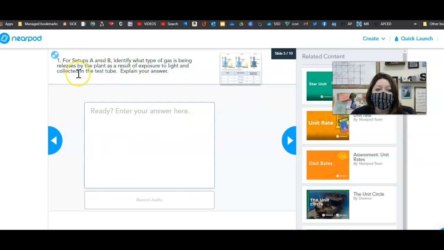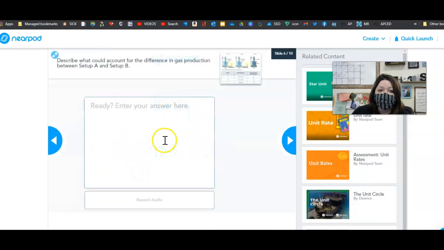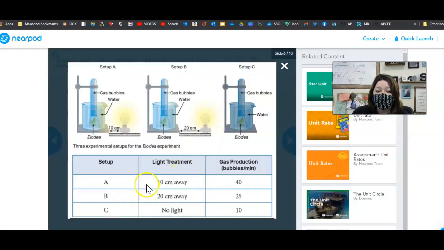Okay, so it's saying identify the gas and then explain your answer. So your answer should include a gas and an explanation. So basically you're saying it's this, and I know this because X, Y, and Z. You're explaining it. Okay. For question number 2, it is looking at the difference in the gas production between A and B. So basically in A and B, setup A makes way more gas bubbles.